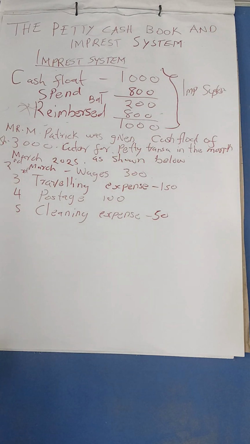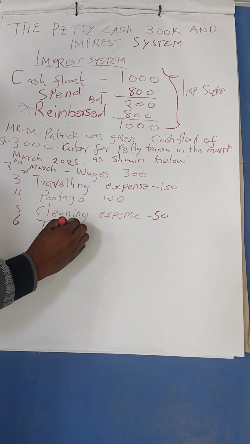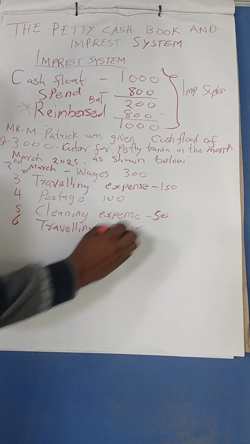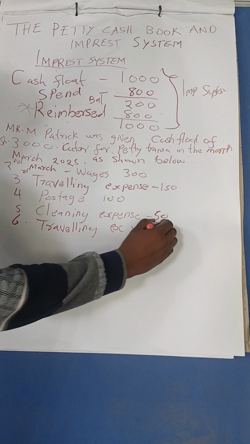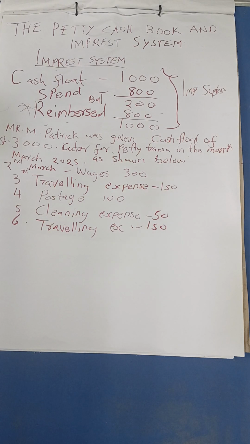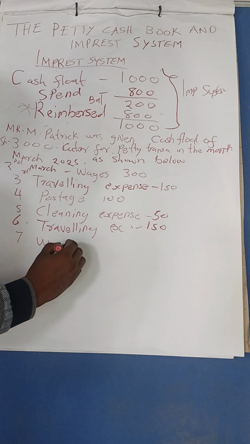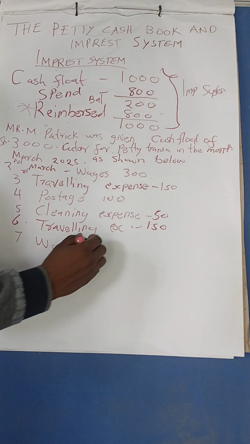Then also on the 6th we had traveling expense of 150. And then on the 7th we had wages which we were supposed to pay, costing 200.